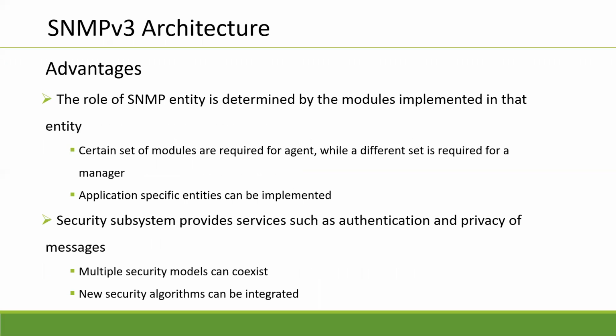Before going to the three sub-classification titles, you want to know what the advantages of the SNMPv3 architecture are. The role of an SNMP entity is determined by the modules implemented in that entity. A certain set of modules is required for an agent, while a different set is required for a manager. Then application-specific entities can be implemented.